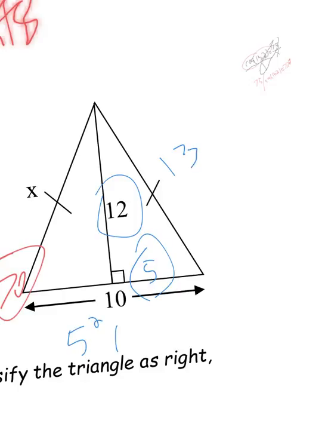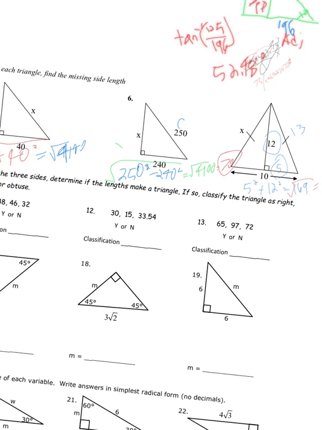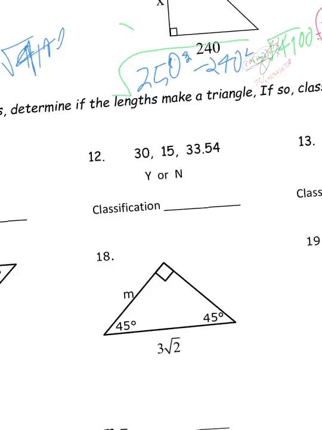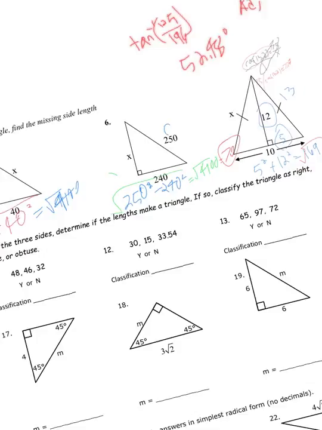But 5 squared plus 12 squared equals 169. And you got to square root your answer. The square root of 169 is 13. So there's the math answer. And if you knew your Pythagorean triples, it's that fast.